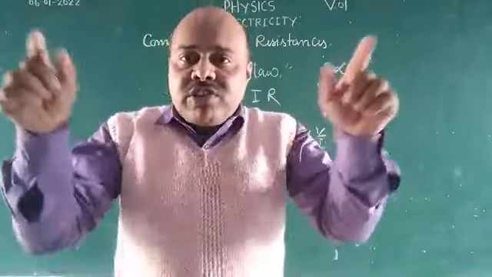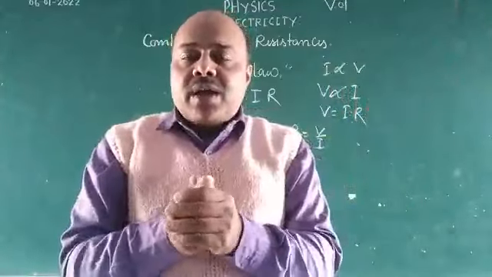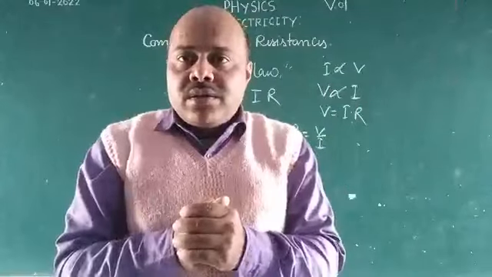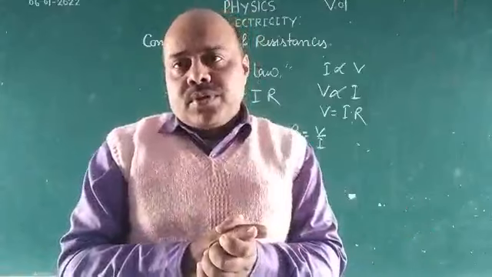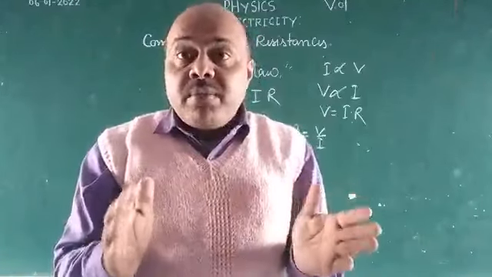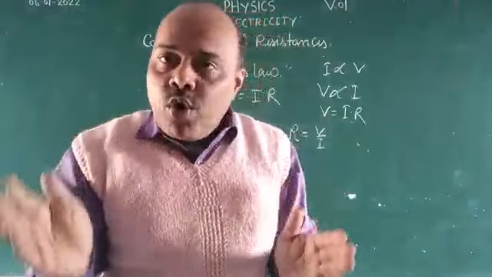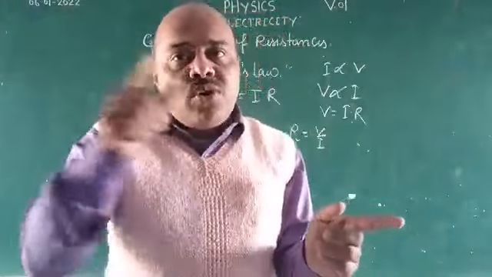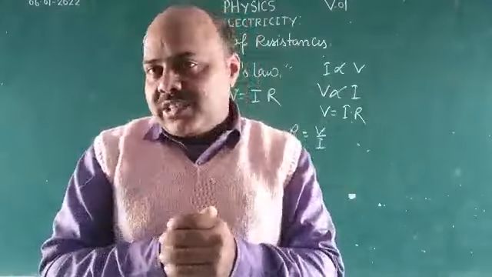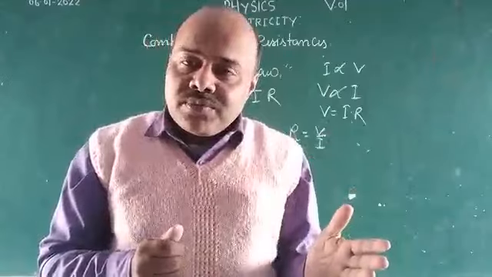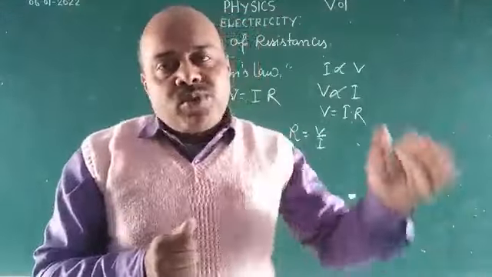When the cross-sectional ends of a conductor are connected with a battery or a combination of cells, the potential difference is maintained. The electric current always flows from high potential to low potential. The direction of electron flow is from the negative to the positive terminal, and the direction of current is from the positive to the negative terminal.